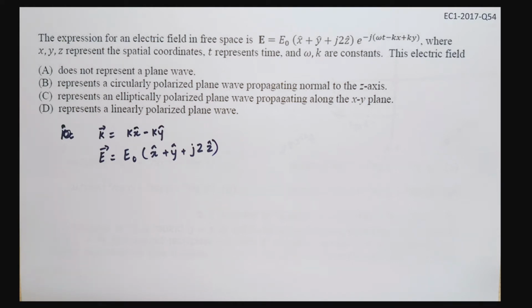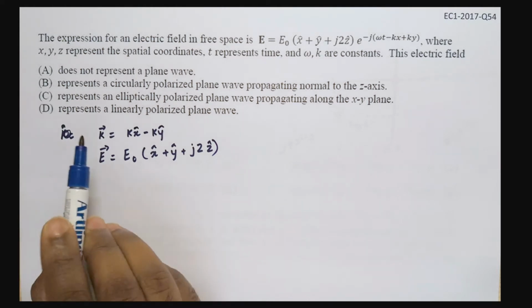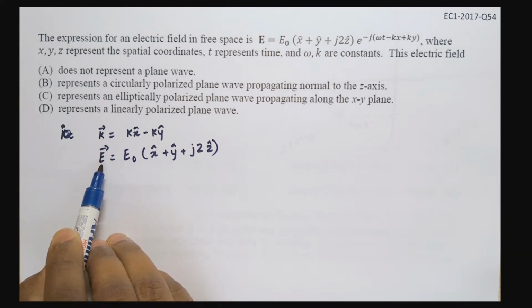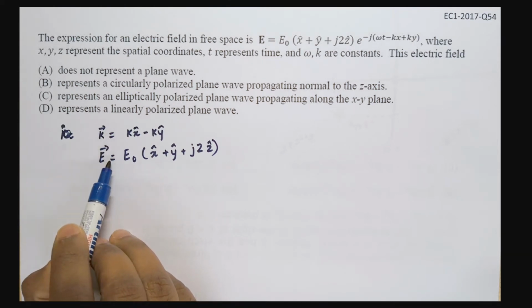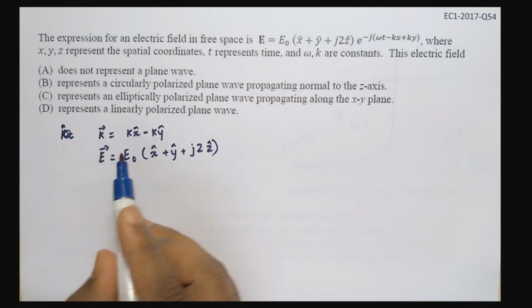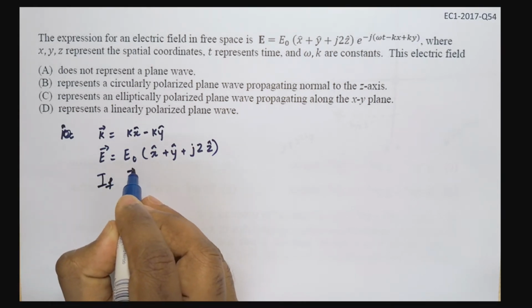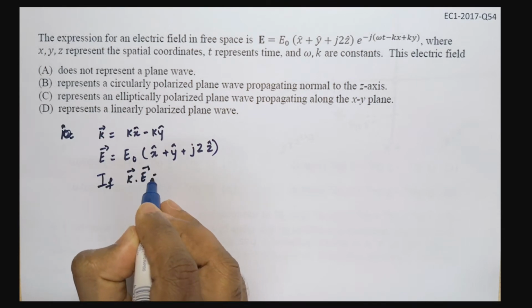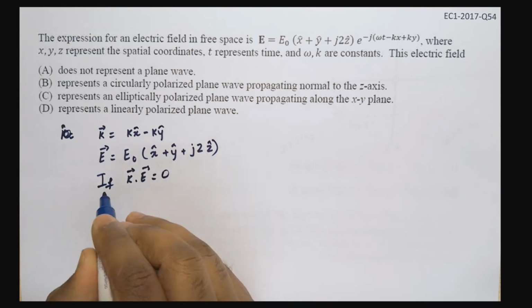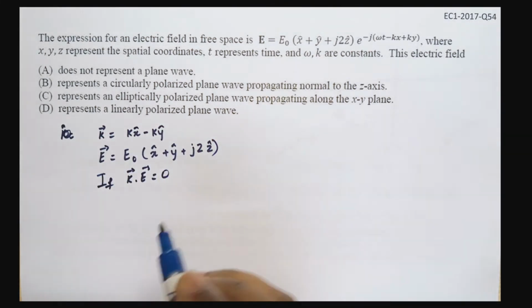So in that case, the dot product of k and E has to be 0 in order for them to be orthogonal. If k dot E is 0, then this becomes a uniform plane wave.